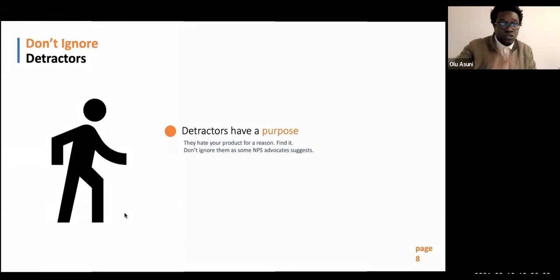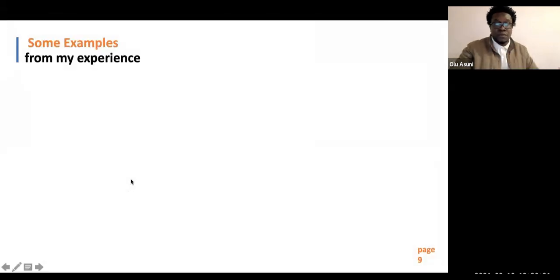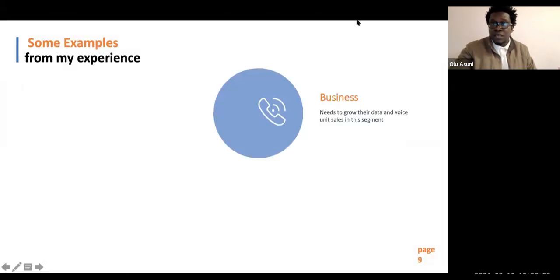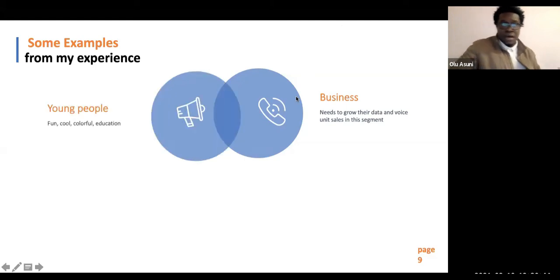So I'll go to the use cases, some examples from my experience. I wouldn't mention names. So a business that needs to grow their data and voice unit sales in the youth segment, I was wondering what they need to do. They started to interact with young people who want fun, who want the cool, who want colorful, and who want to learn in style.